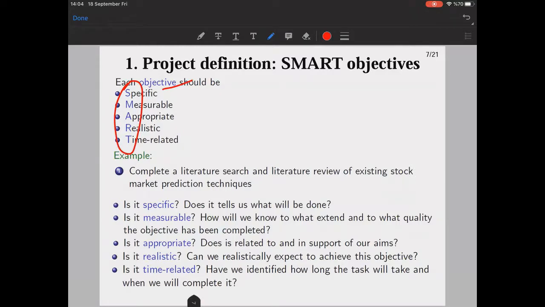Yes. Is it realistic? Can we realistically expect to achieve this objective? Do we have the resources? Do we have the materials? Do we have access to relevant databases? Whatever. And is it time related? Have we identified how long the task will take and when we will complete it? We should also decide about it beforehand.